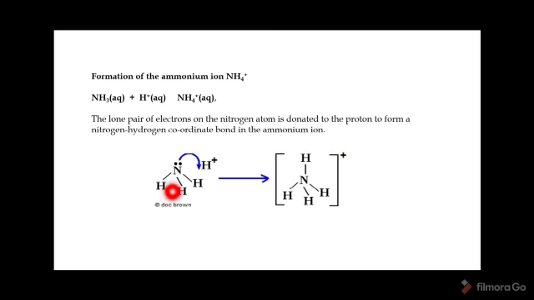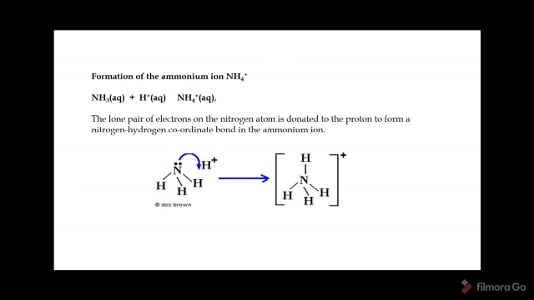You know nitrogen has 5 electrons in the outermost shell. 3 electrons are shared with 3 hydrogen atoms, and the ammonia molecule is formed. It has one lone pair of electrons. When the lone pair is donated to H+, it forms NH4+.